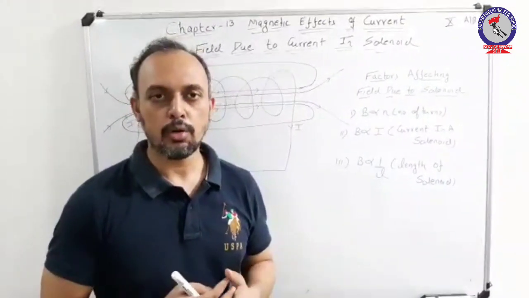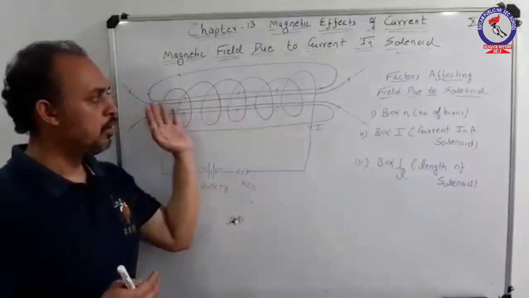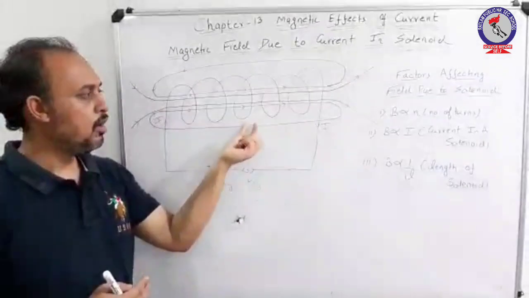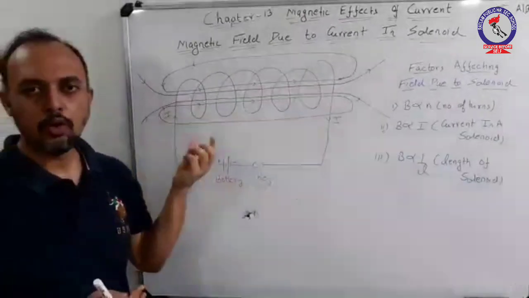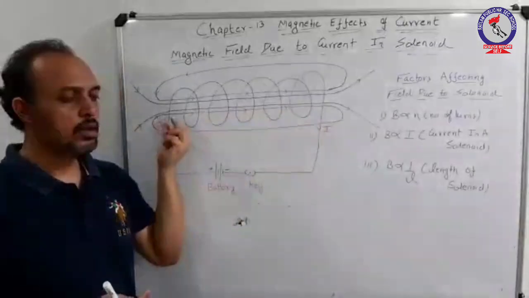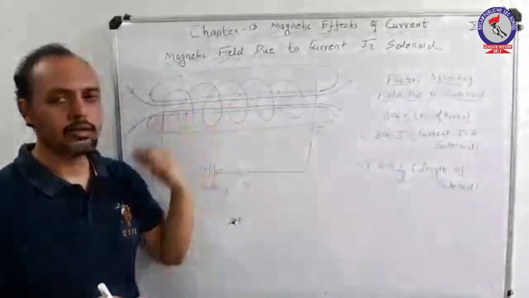There is another important concept: if you observe the strength of the field formed at the center of the solenoid and towards the end, you will observe that the strength of the magnetic field towards the end is almost half the strength of the field at the center.